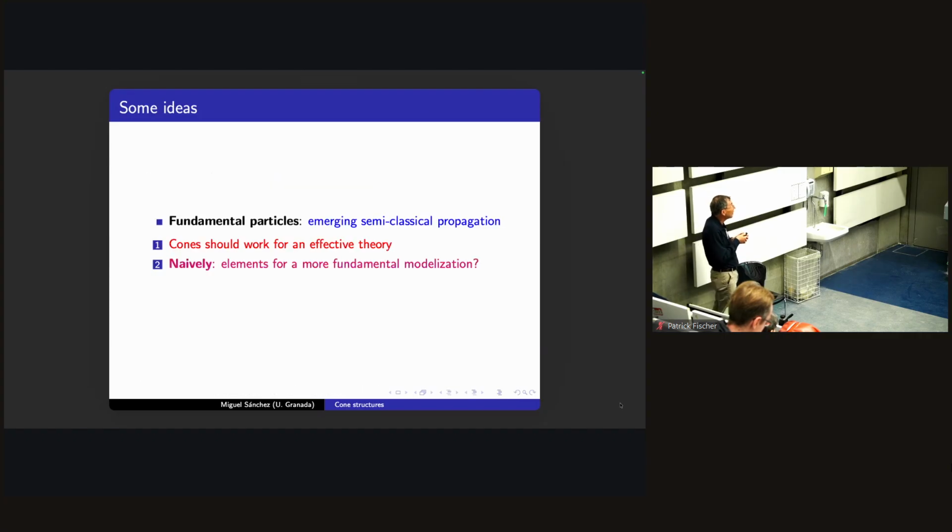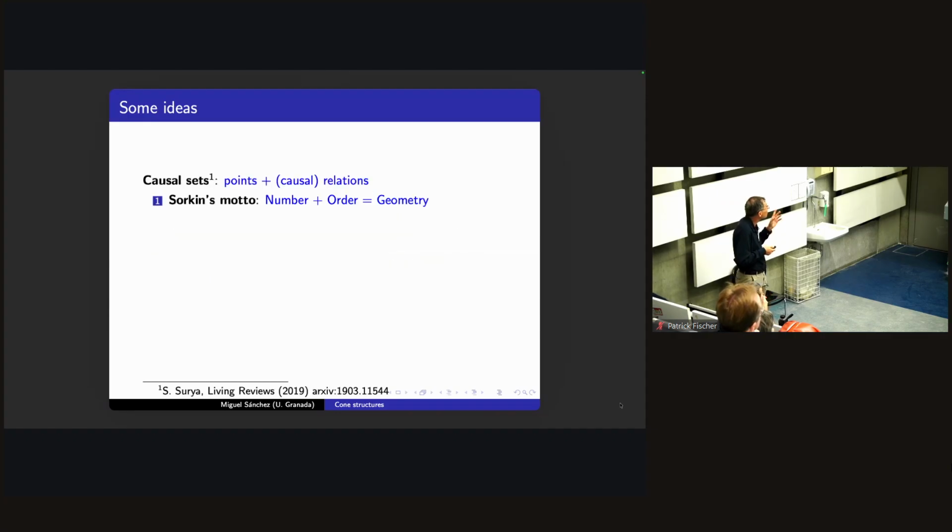Namely, one may think that perhaps these cones could have a more fundamental meaning. And in order to explain why I think that perhaps this is possible, let me mention first the causal sets, which have previously appeared. The causal sets are just points plus causal relations between them.